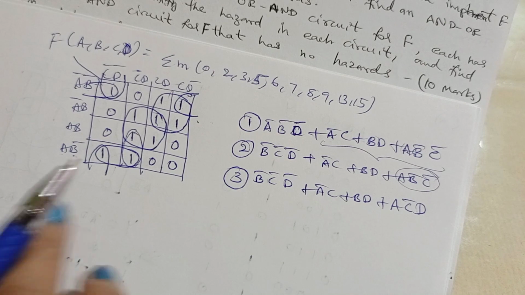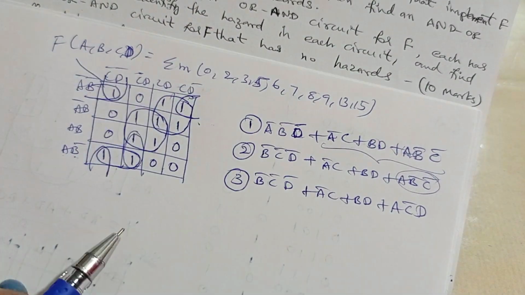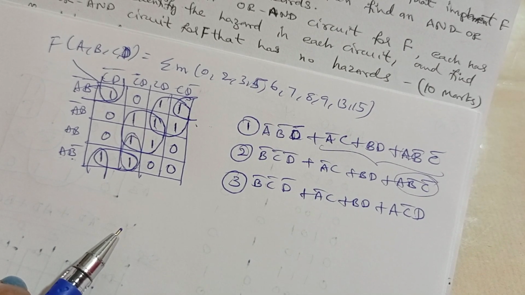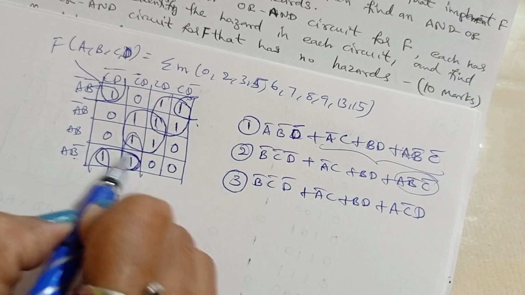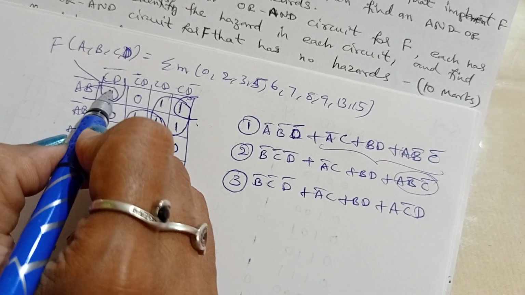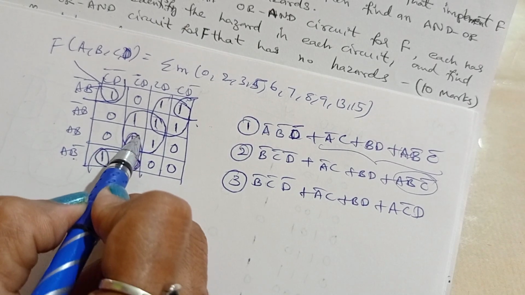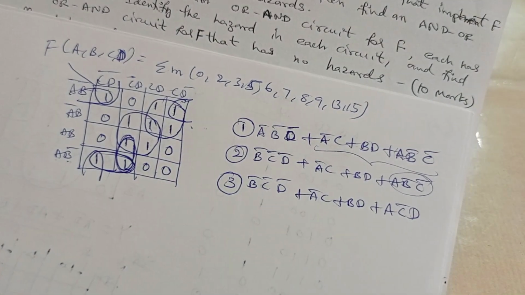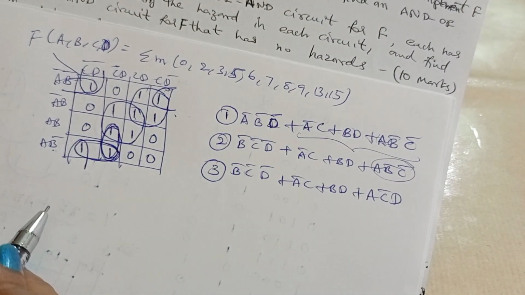Now we need to draw these three. Now we need to eliminate the hazard from this. That is, pair this and do all this. Include only this one. This eliminates the hazard. For example, draw this circuit.